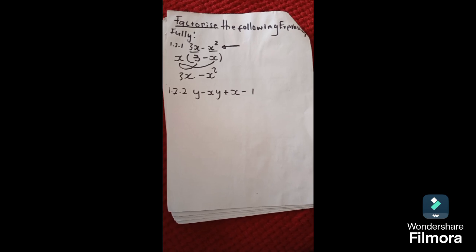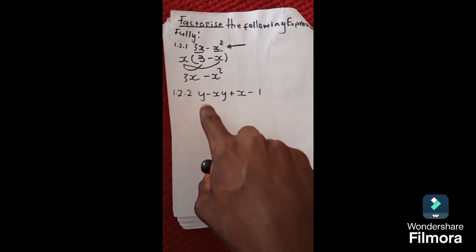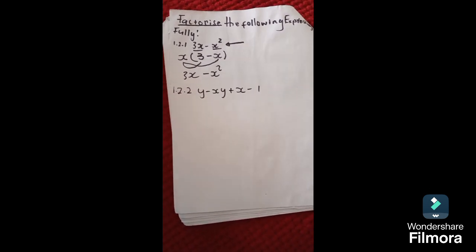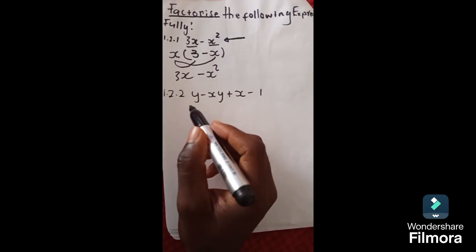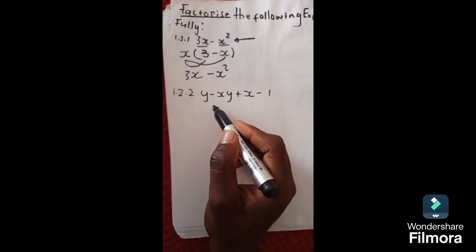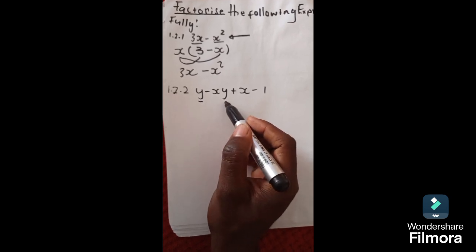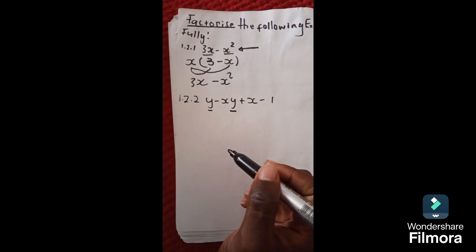So I'm just gonna do this example using 2 methods, or rather in 2 ways. So the first method I'm gonna use is that I'm gonna take my common factor as y. I'm taking my common factor as y.